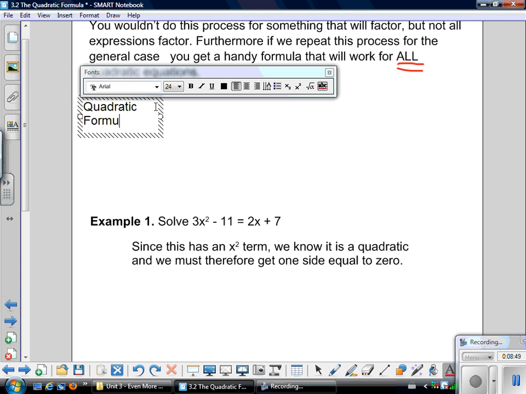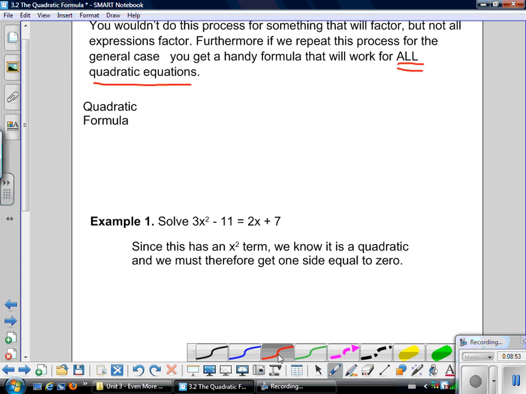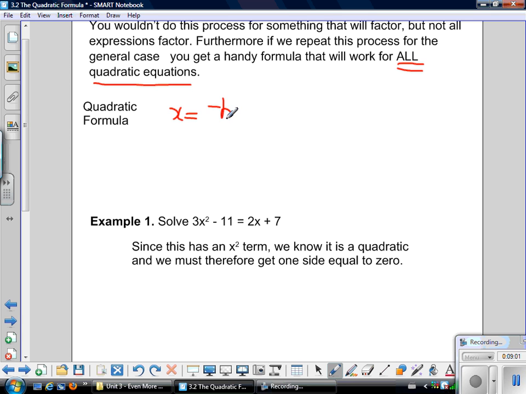When we're looking at the quadratic formula, we end up with x equals negative b plus or minus, and that's where we get our two roots, the square root of b squared minus 4ac, all over 2a.